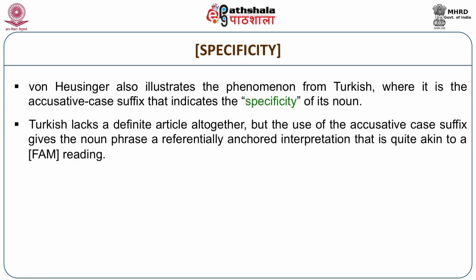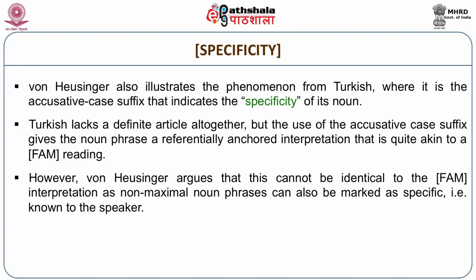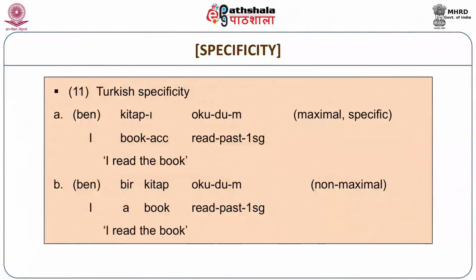to a familiar reading. It is not, however, identical to the familiar interpretation, as non-maximal noun phrases can also be marked as specific. So in Turkish, when you use just a bare noun phrase with the accusative marking, it has both a maximal and a specific reading.